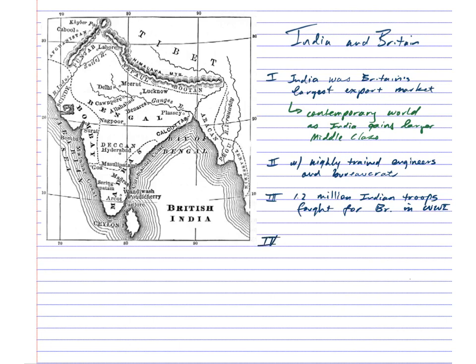One of the goals of indirect rule was to create an Indian elite sympathetic at one end, or even serving British interests at the other.